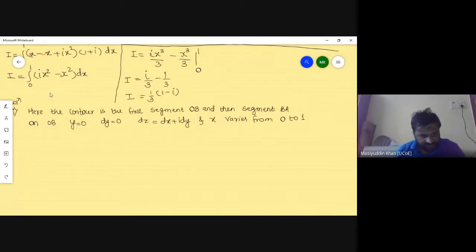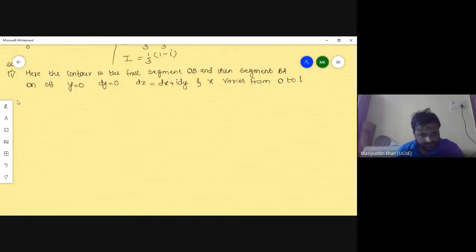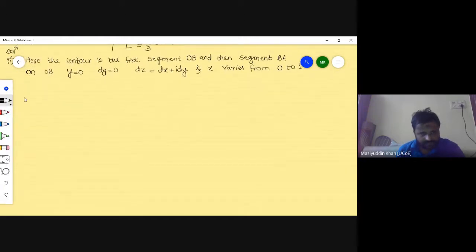Integral over the OB segment, I'm just writing here: x minus y, this is our function, plus i x square into dz. But as soon as we talk about the OB segment, x varies from 0 to 1, y is 0, so in place of y you put the result 0, so this will become integral 0 to 1, x as it is.